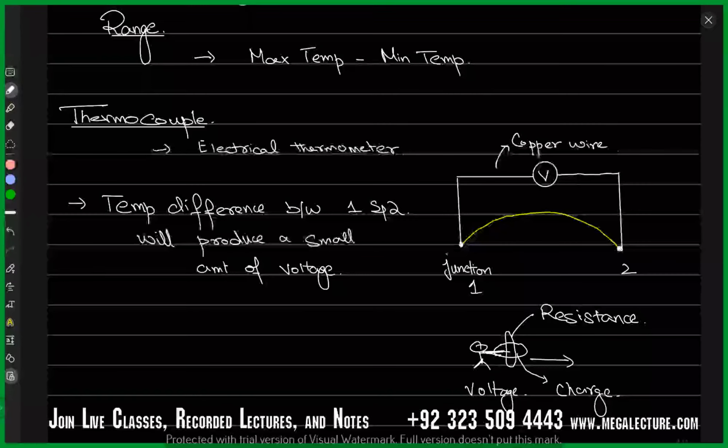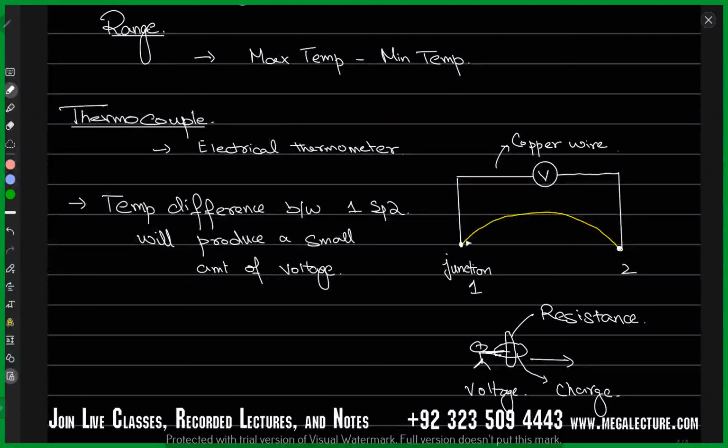If they're moving, then they give rise to currents. So you can think of voltage, resistance, and charges in this way, at least for now, until we talk about electricity and magnetism. So these small amounts of voltage will produce small amounts of current.